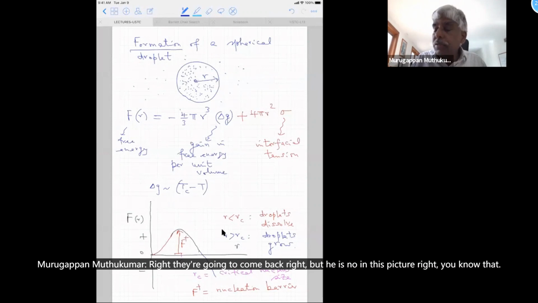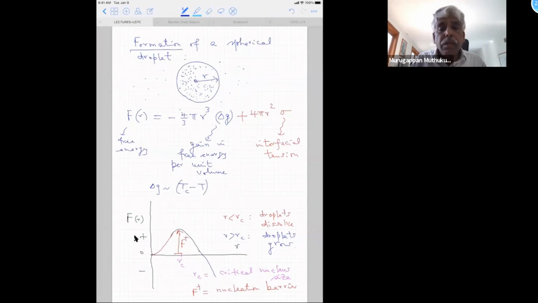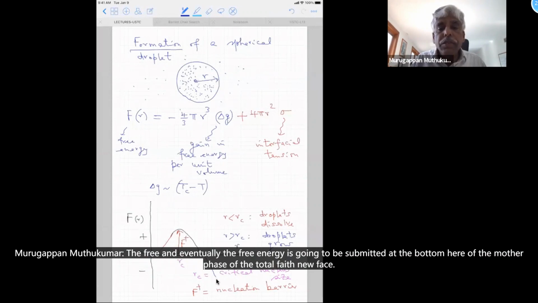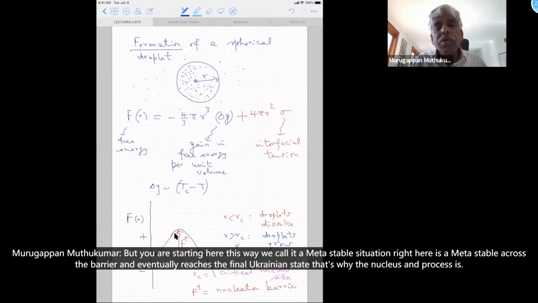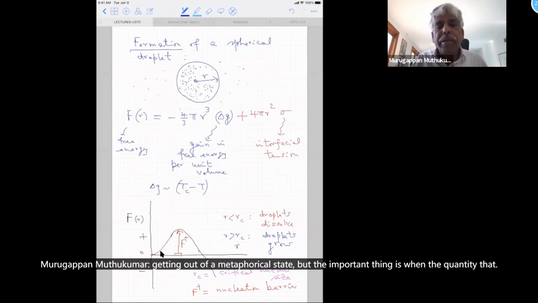But you know, in this picture, the free energy is eventually going to be somewhere at the bottom here, of the new phase. But you are starting here. This is why we call this a metastable situation. Here is a metastable state, it crosses the barrier and eventually reaches the final equilibrium state. That's why the nucleation process is getting out of a metastable state.